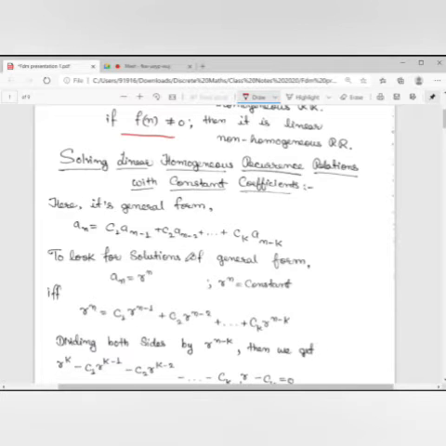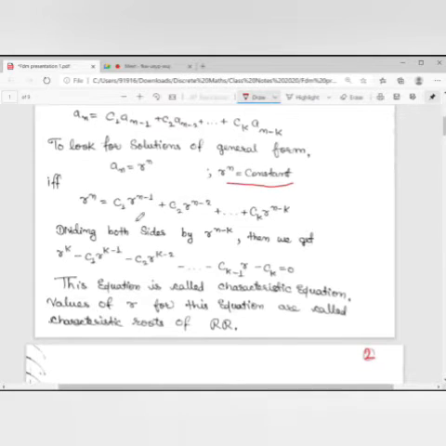To look for the solution of this general form, we can let a_n = r^n. r^n is a solution if and only if r^n = c1 r^(n-1) + c2 r^(n-2) + ... + ck r^(n-k). Now I will divide this equation by r^(n-k).